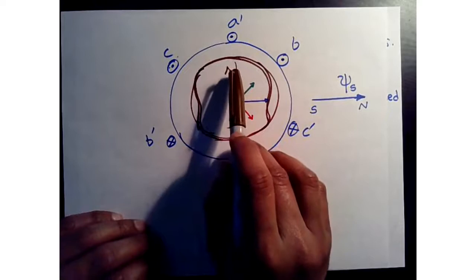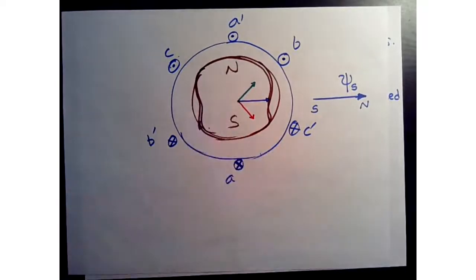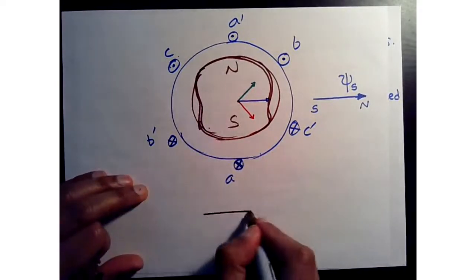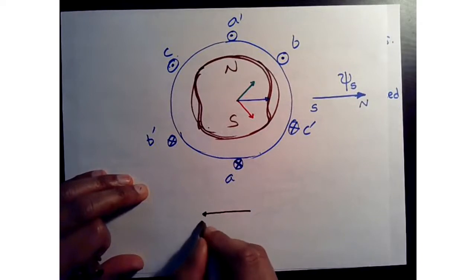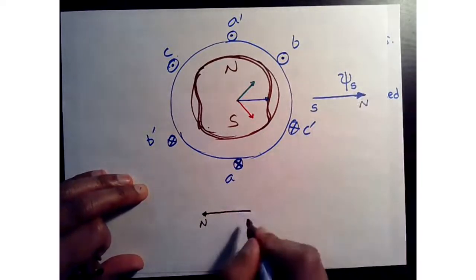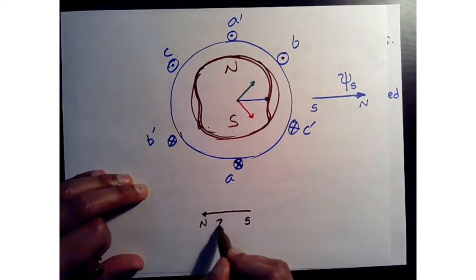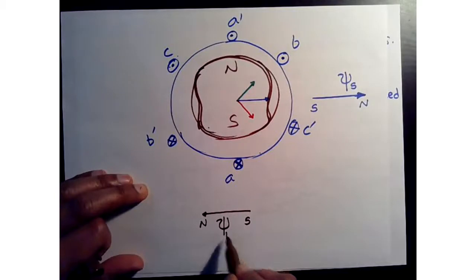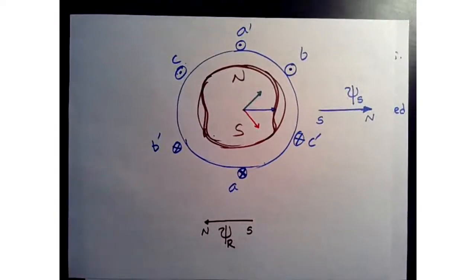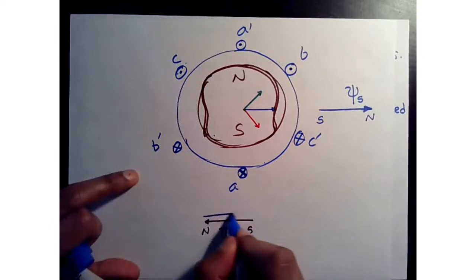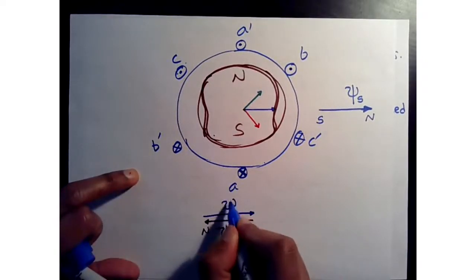Okay, exactly. So your rotor will be like this because the north will align with the south of the stator, right? So this is my flux of the rotor. This is my flux of the stator.